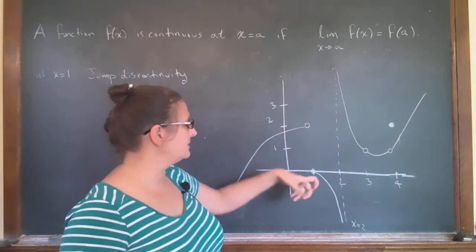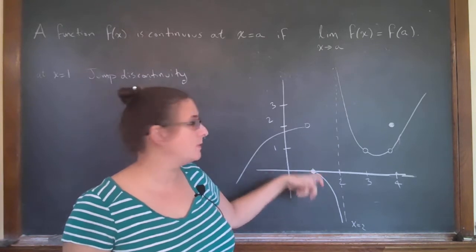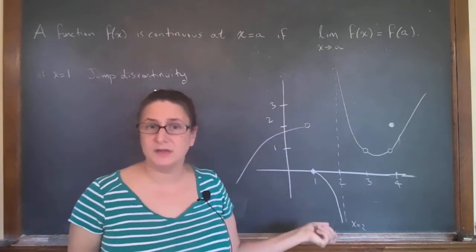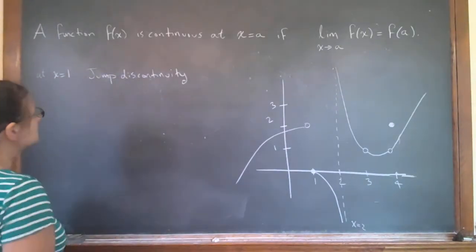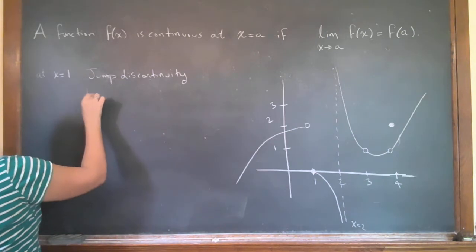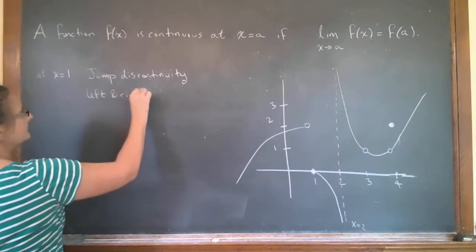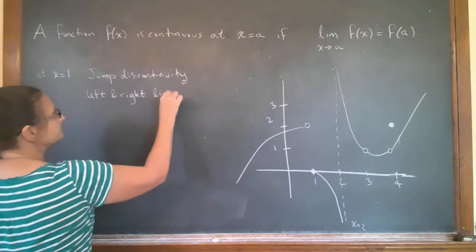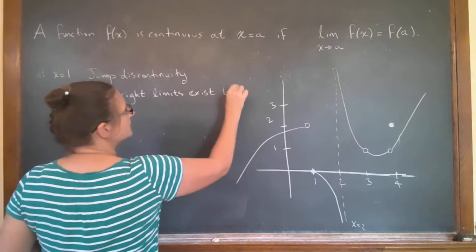Both the left hand and the right hand limits are finite, right? They're both numbers. They're not going off to infinity, but they're just not the same. So a jump discontinuity is the case where left and right limits exist, but aren't equal.